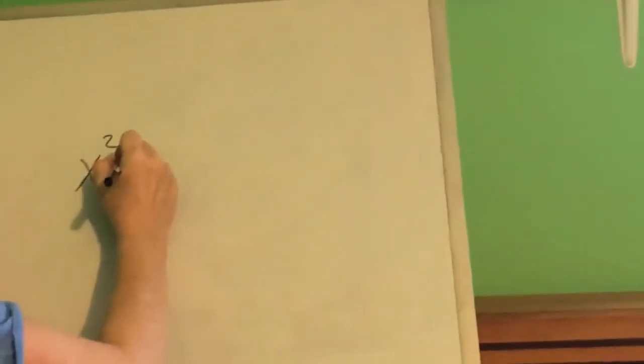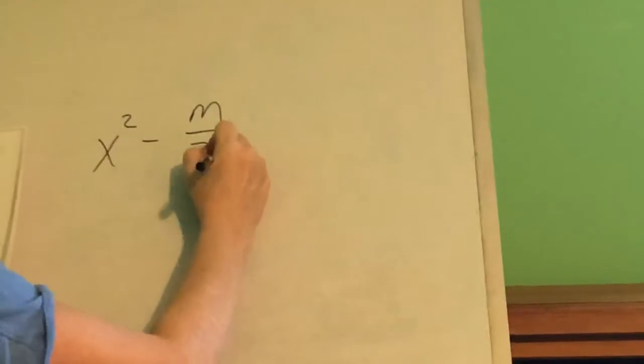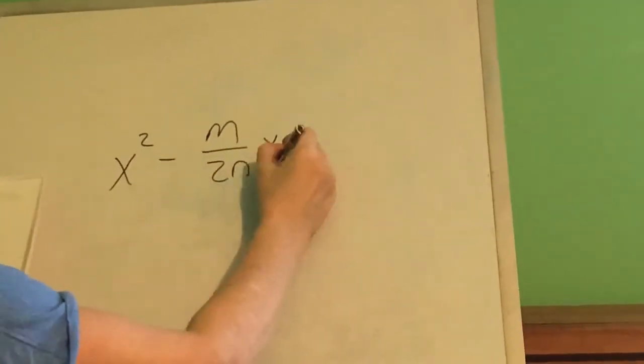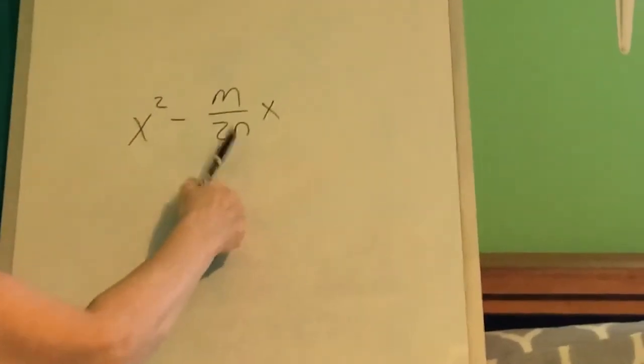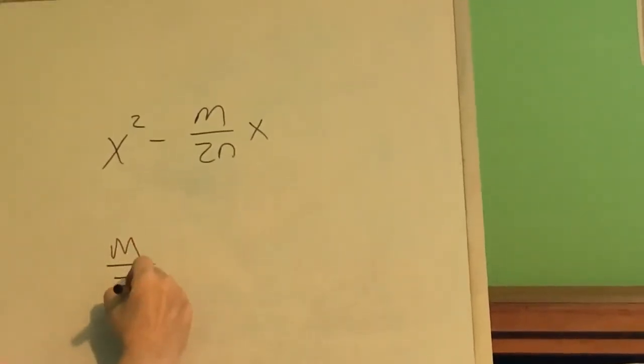This is, I think, number 30 in the homework problems. You have x squared minus m over 2n x. All right, so this is my linear term, m over 2n.